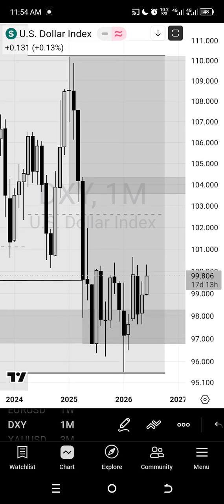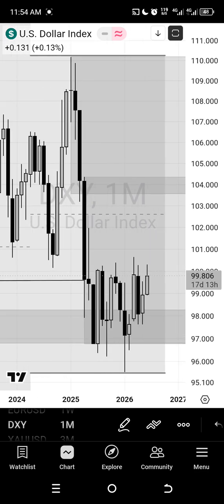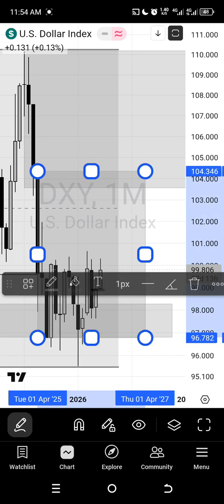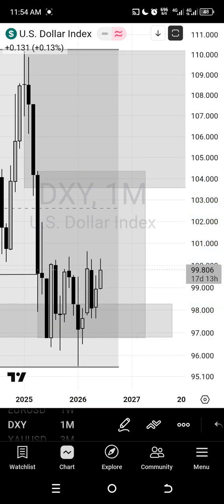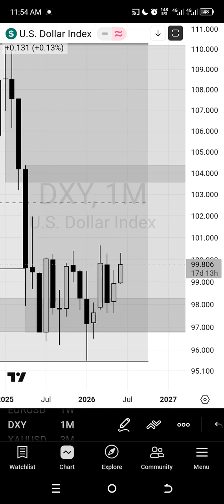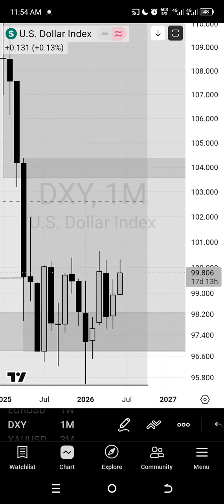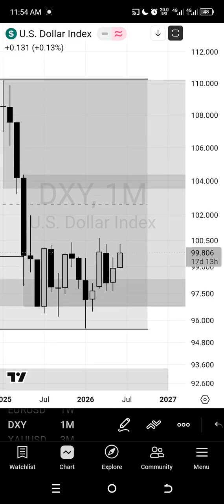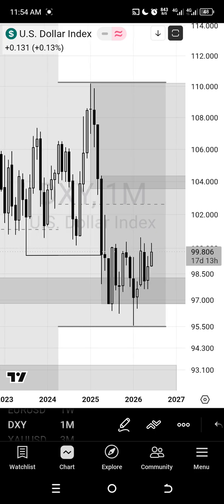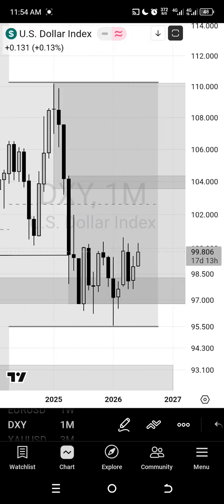Now on the monthly time frame, our job is now to position ourselves with the 3-month time frame and probably do the same analysis so as to actually be in the same direction with the long term trend.